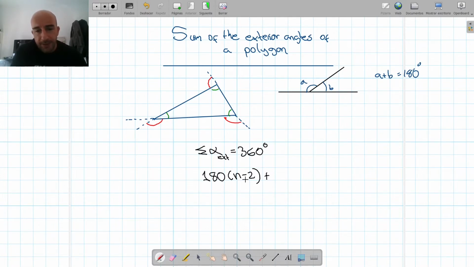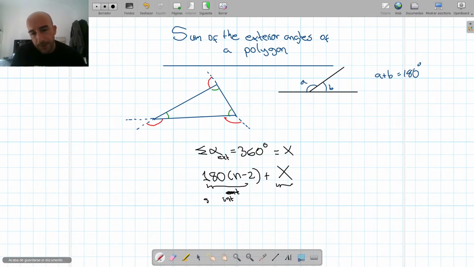So if we add the interior angles plus x, which we're going to call the sum of the exterior angles, that would be n times 180.